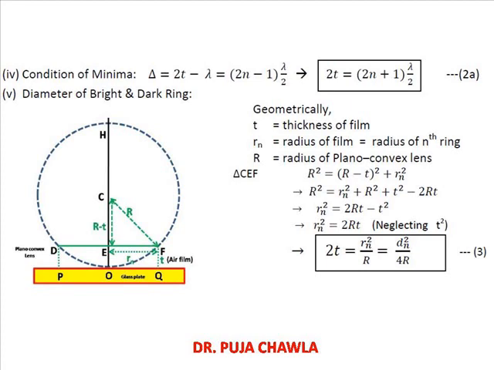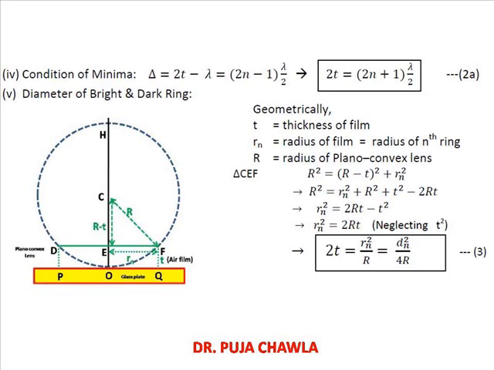Because the green color lens is placed over the yellow color glass plate, in between we have the air film. The air film thickness is indicated by small t. That means the parameter FQ is small t. Because FQ is parallel to EO, EO is also small t. That means the parameter CE is equal to R, radius of curvature, minus small t.